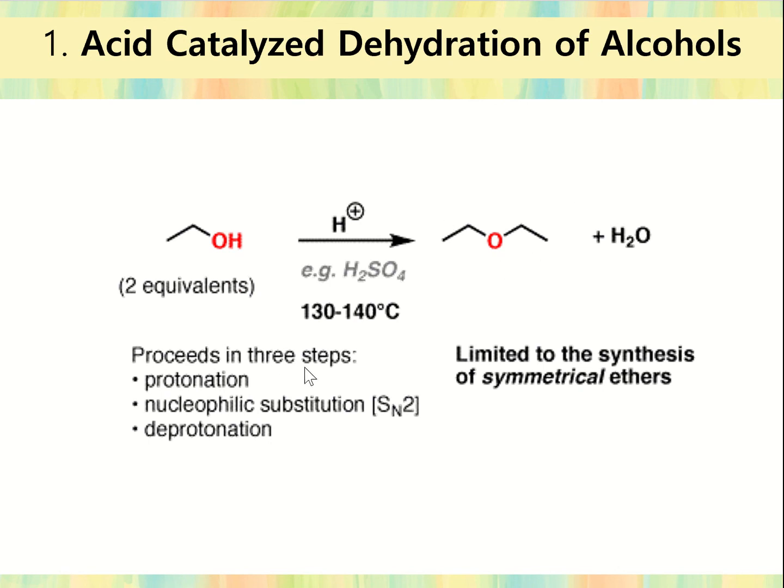It proceeds in 3 steps: protonation, SN2 reaction, and then deprotonation. I'm sure, looking at everything here, that you could come up with a possible mechanism. It's a very important point to note that this is limited to the synthesis of symmetrical ethers, right? So if you want to make an unsymmetrical ether, you probably want to use another synthesis.